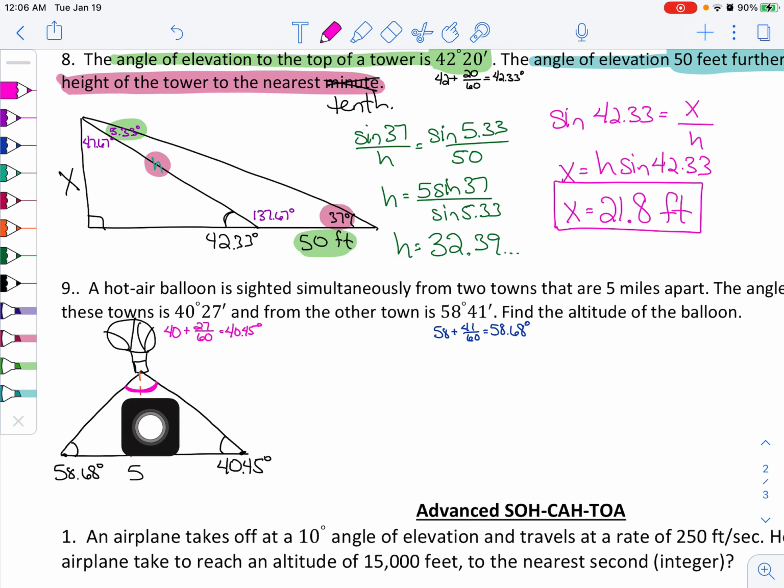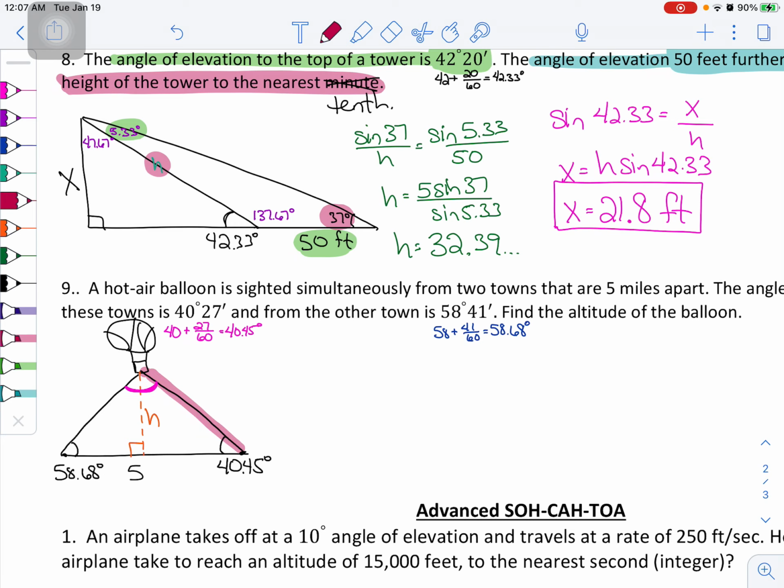And then once we know this angle, we can use law of sines to find one of these two unknown sides. Once we found that side, we can use the right triangle to find h. So for no particular reason, I'm going to go ahead and find this edge right here.